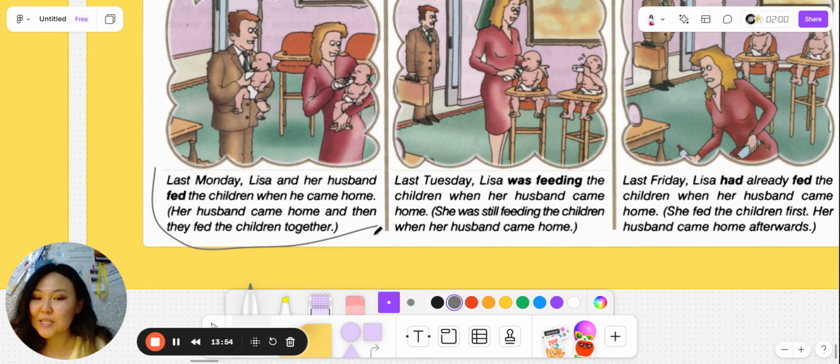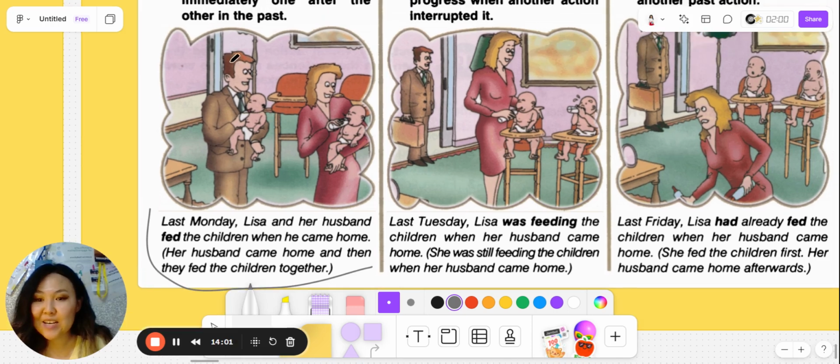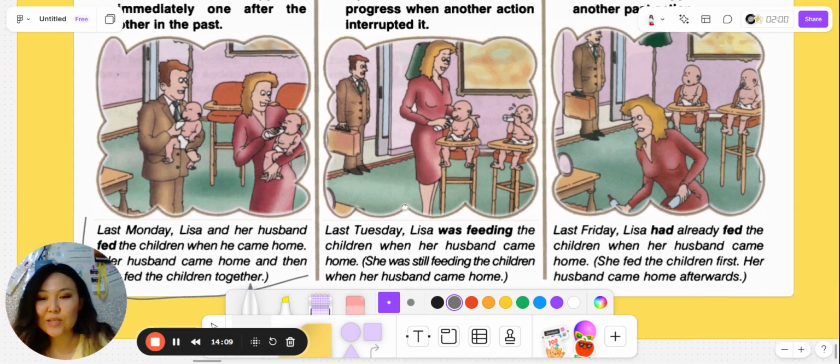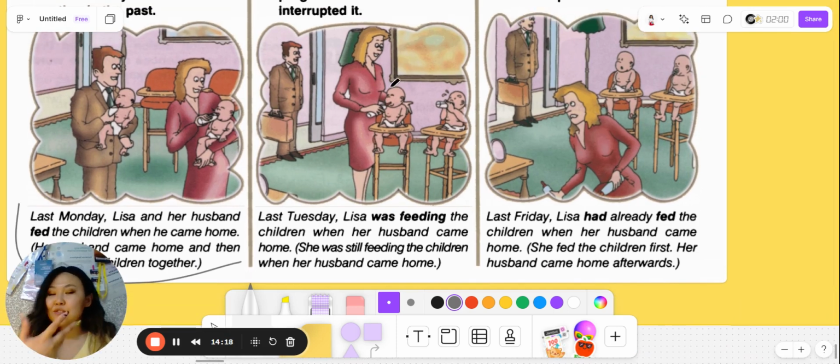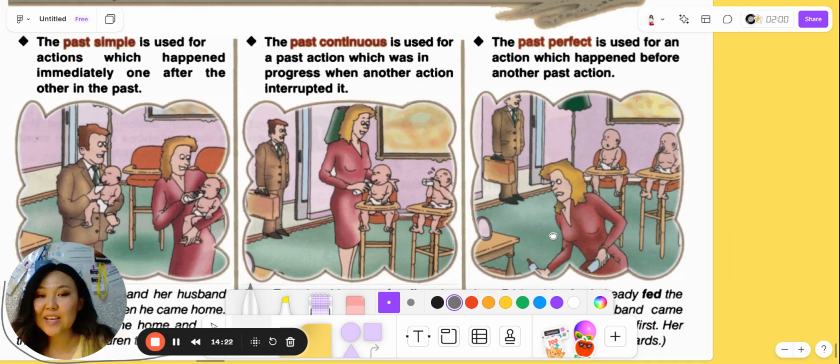First one. Last Monday, Lisa and her husband fed the children when he came home. So when her husband came home, they fed the children together. So he came and they did it. Next one, last Tuesday, Lisa was feeding the children when her husband came home. So she was in process, she was feeding them, and her husband came home. It's past continuous.